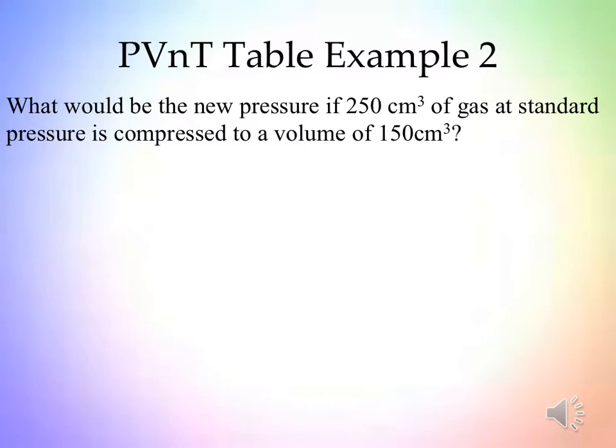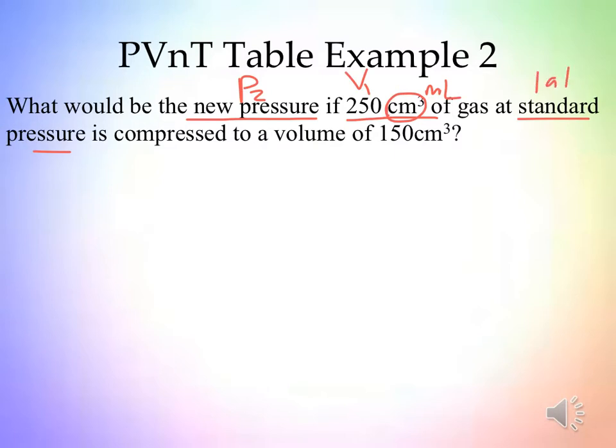So what would be the new pressure? I'm going to be finding P2 if 250 centimeters cubed. Well, what is centimeters cubed? It's the same as milliliters. So this is V1 of gas at standard pressure. What is standard pressure?